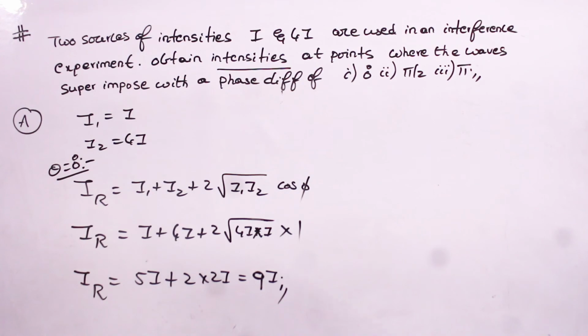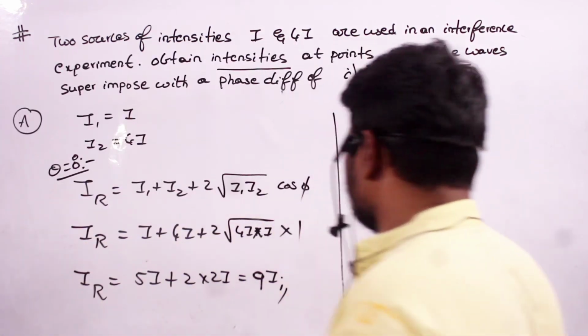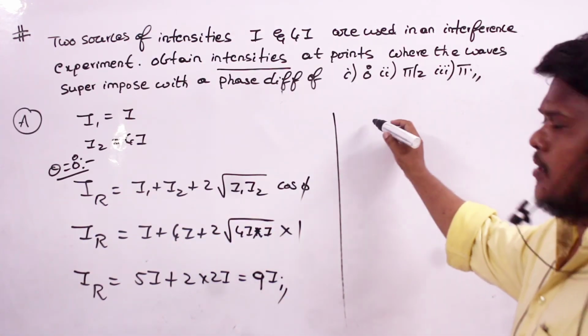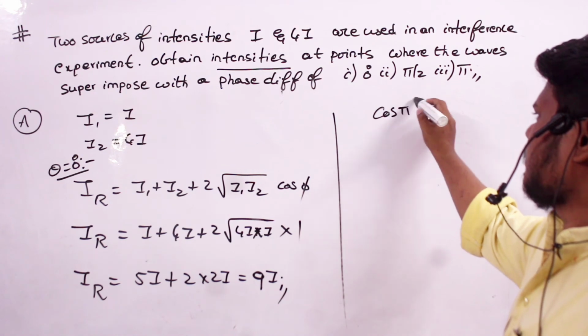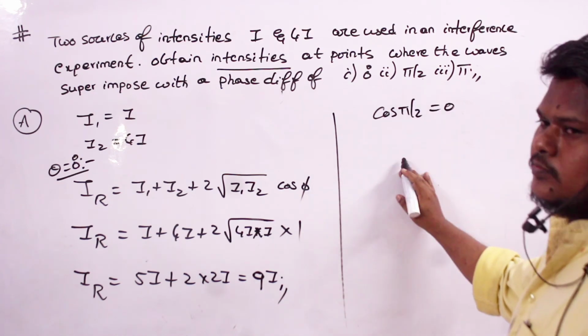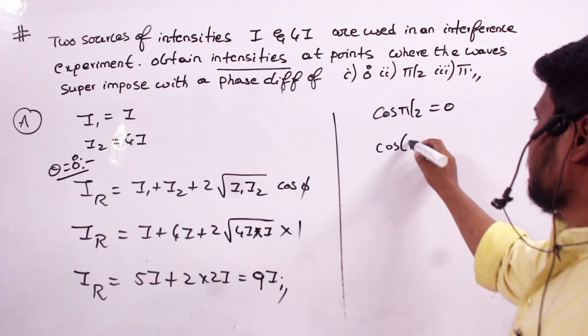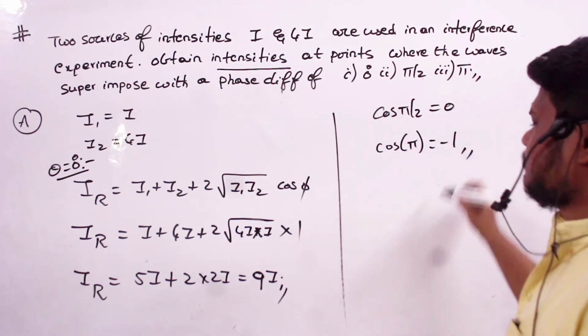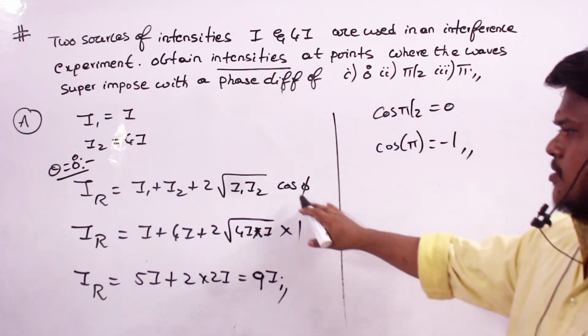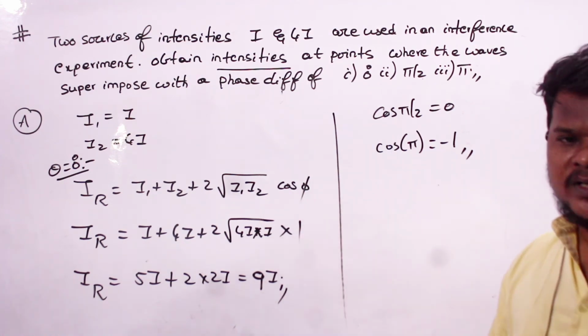Clear, no? Now remaining calculations I hope you can do. Now for the second angle, cos pi by 2 will be how much? 0. Cos 90 is 0, no? For the third one, cos pi value is how much? -1. So substitute these values instead of cos phi, and you will get the required answers.